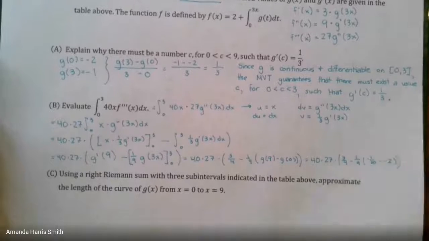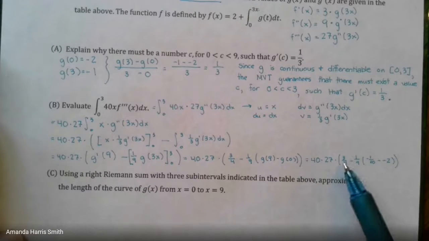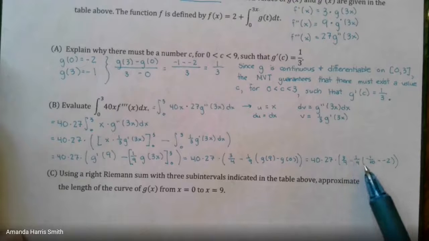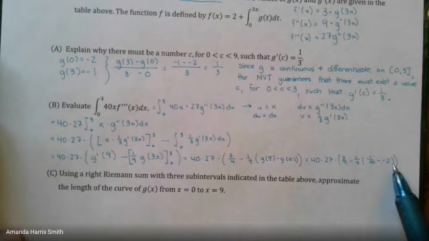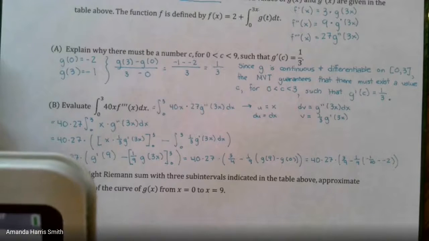Okay, so right now I have my answer as 40 times 27 times 3/4 minus 1/9 times negative 1/20 plus 2, which Mr. Passwater's key says that it is.